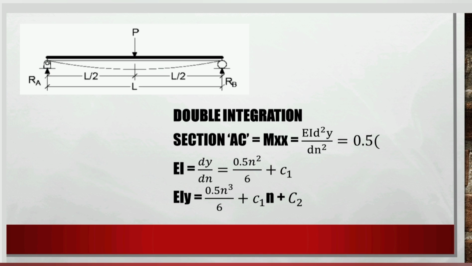Next, as you can see, we have our figure number 2, double integration section AC. M equal, EI dy over dx equals 0.5 x squared over 6 plus C1. EI y is equal to 0.5 x cubed over 6 plus C1 x plus C2.